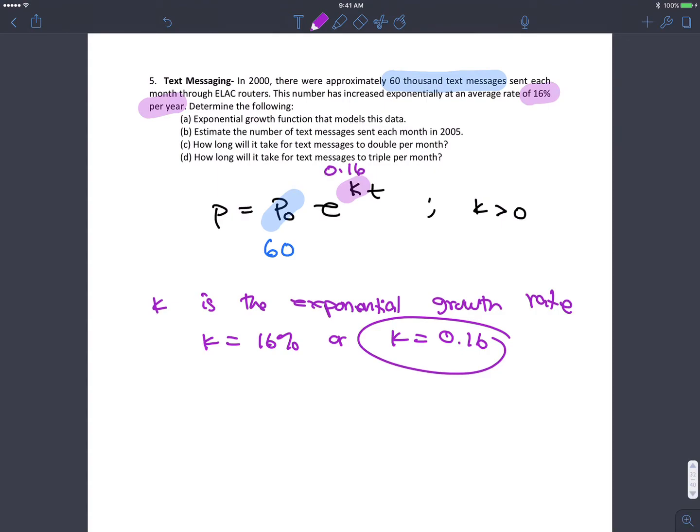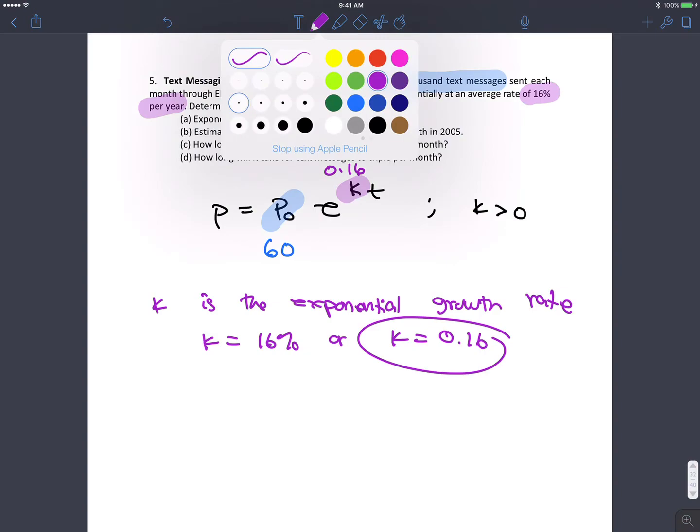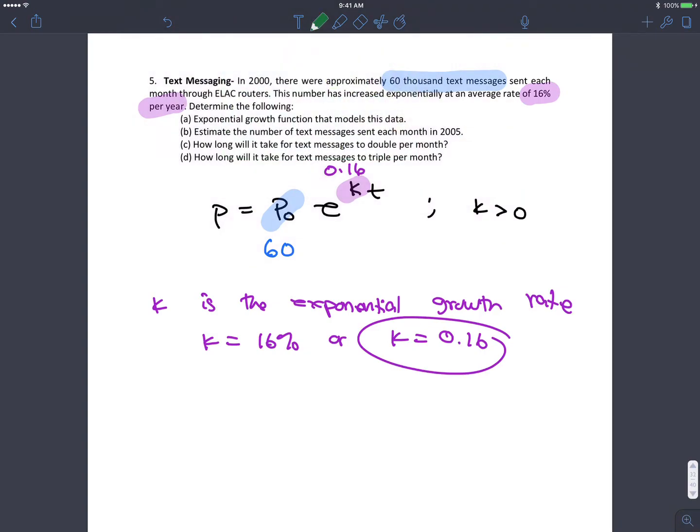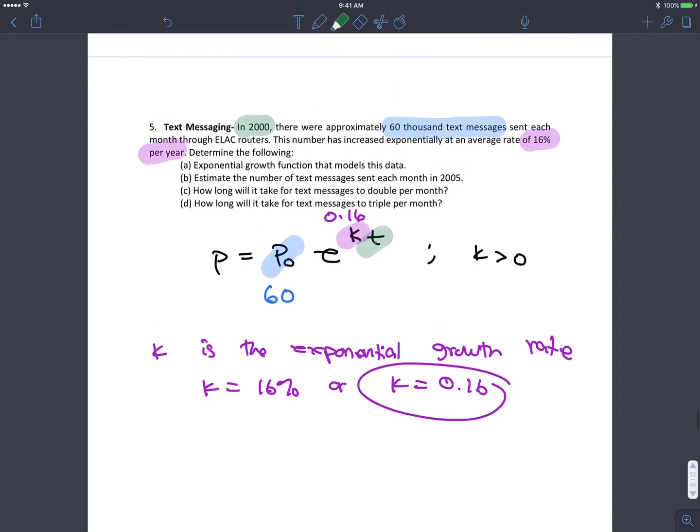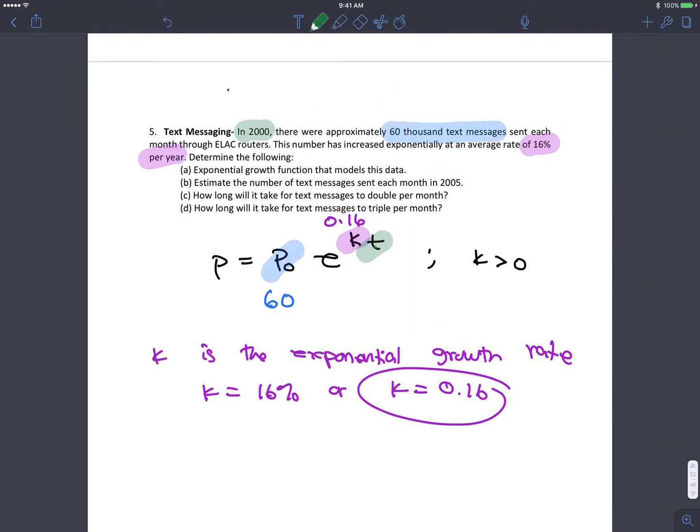Now the time value t here: your time t is going to be the amount of time after the year 2000.